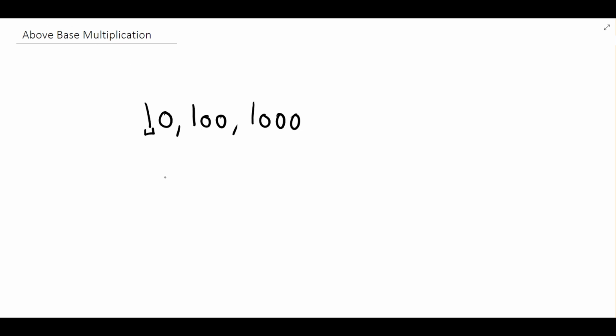And it need not just be like this. You can also have different numbers like 1, 3, etc. All of these are base numbers. Now the base numbers that start with 1 are known as unitary base numbers.